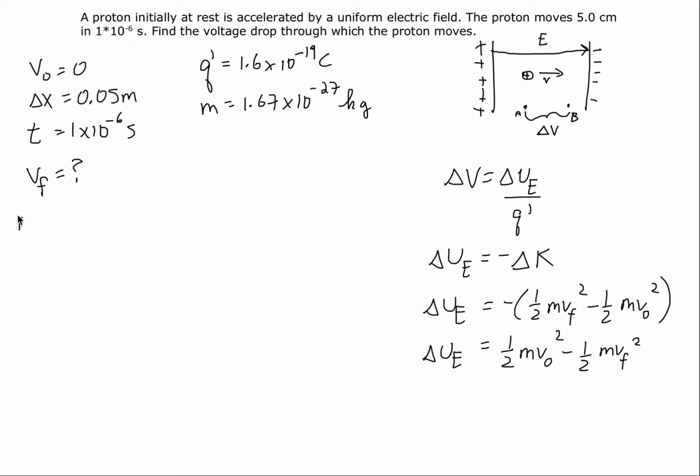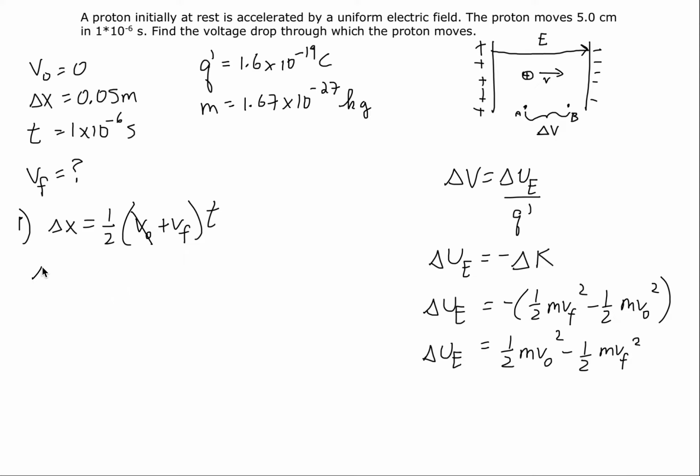So this is just kind of showing you the thought process that we're going to be working backwards here. So the first step that we're going to do is find v final. To do that, we're going to find a kinematic equation that has all of these 4 variables. This kinematic equation has all 4 variables: delta x equals 1/2 times v initial plus v final times t. So v initial is 0 because it started from rest. Now we need to go ahead and solve for v final.